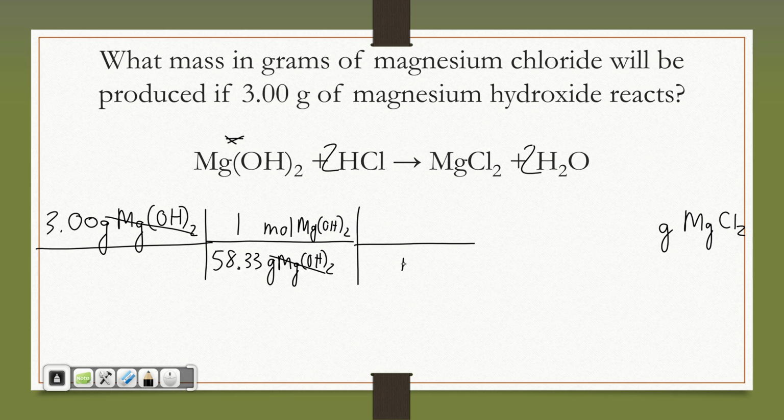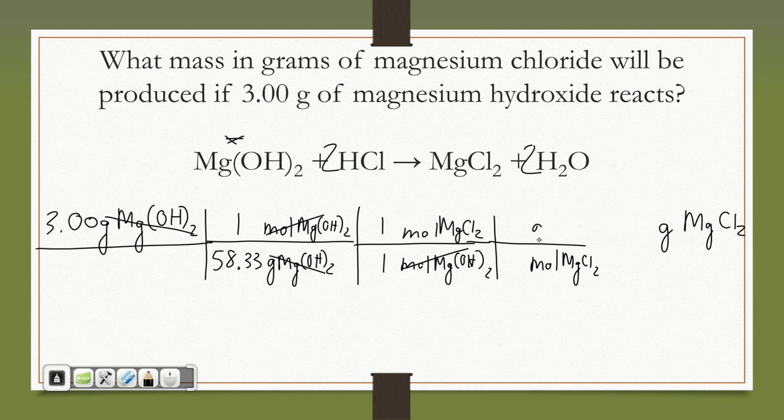I'm going to then go from moles of Mg(OH)2 to moles of what I want, MgCl2. I look at my chemical equation. They're both 1. That's nice. And then I'm going to go from moles of MgCl2 to grams of MgCl2.